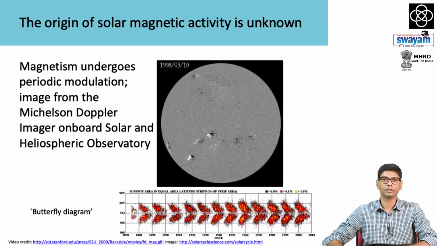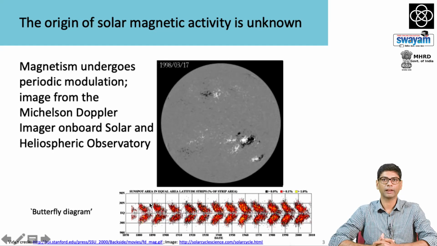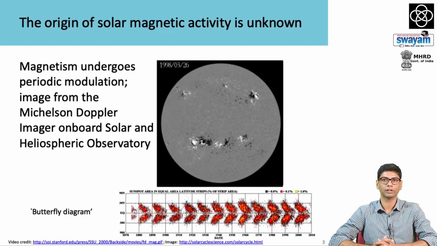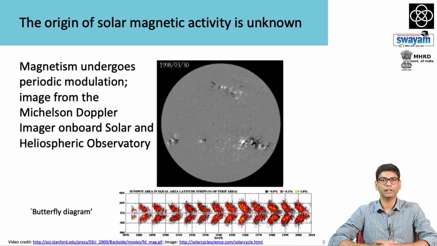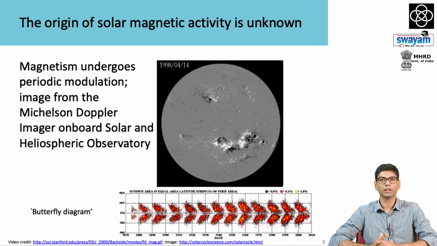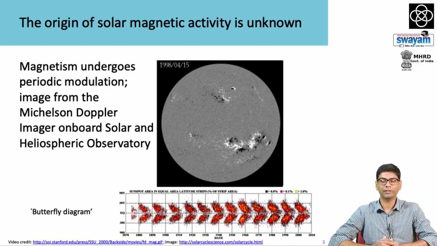So here is a nice movie of the magnetic field evolving over a month, or 28 days, which is roughly the solar rotation period. And you see field emerging to the surface, evolving, and so on. This undergoes periodic modulation on the scale of 11 years, and this is how we encode this particular feature of the Sun. On the bottom plot, you see these butterfly type features.